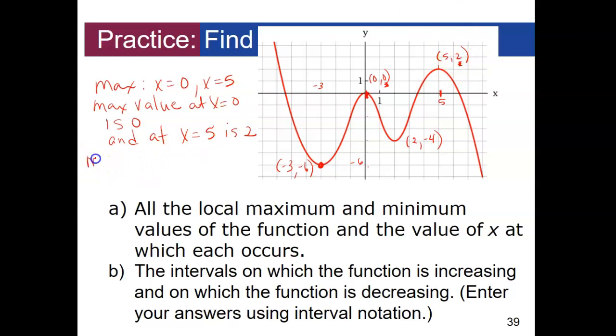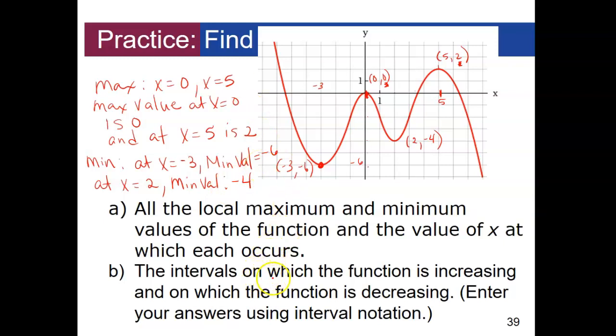So if we look at our minimums, we have minimums that occur at x equals -3, and that minimum value is -6. And we have another one that occurs at x equals 2, and its minimum value is -4.